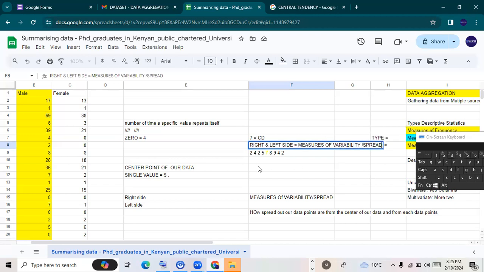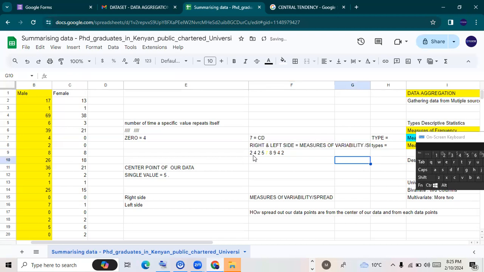So how are these values spread from 7? If we take 7 over here, let's take from 2 to 7: we have 3, 4, 5, 6 in between. From 4 to 7, we have 5, 6 before 7.